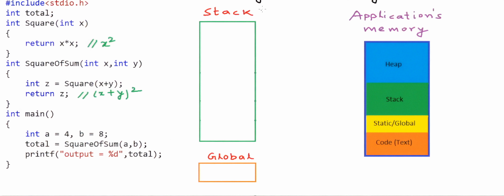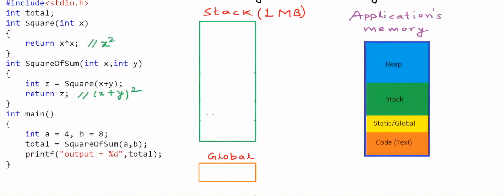Here I must point out one more thing. When our program starts, our operating system allocates some amount of reserved space. Let's say OS allocates 1 MB of space as stack, but the actual allocation of the stack frame and the actual allocation of the local variables happens from this stack during runtime.